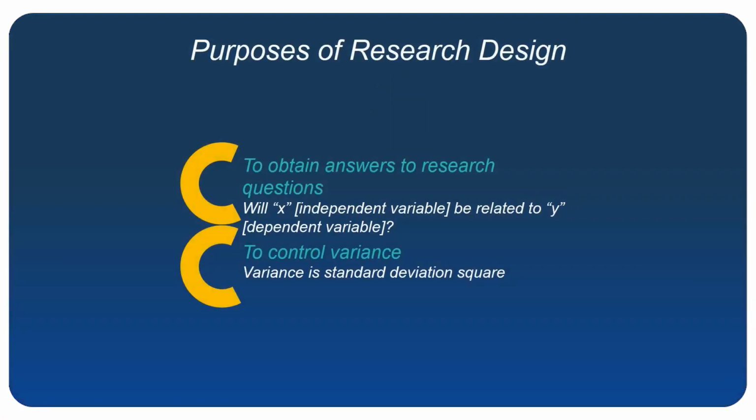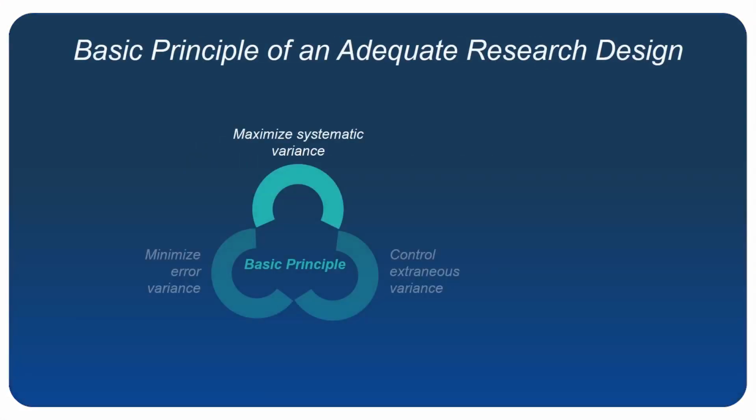The first reason is to obtain an answer to the research question. The second reason is to control variance. In fact, we have a dictum called the max-min-con principle. They are contractions of the words maximization, minimization and control.